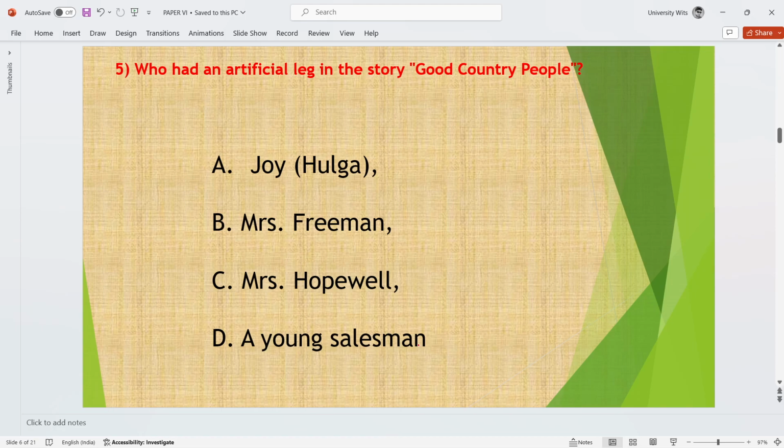And the young man is a visitor who deceives Joy. Do you remember? He was even forcing her to do something wrong, remember?